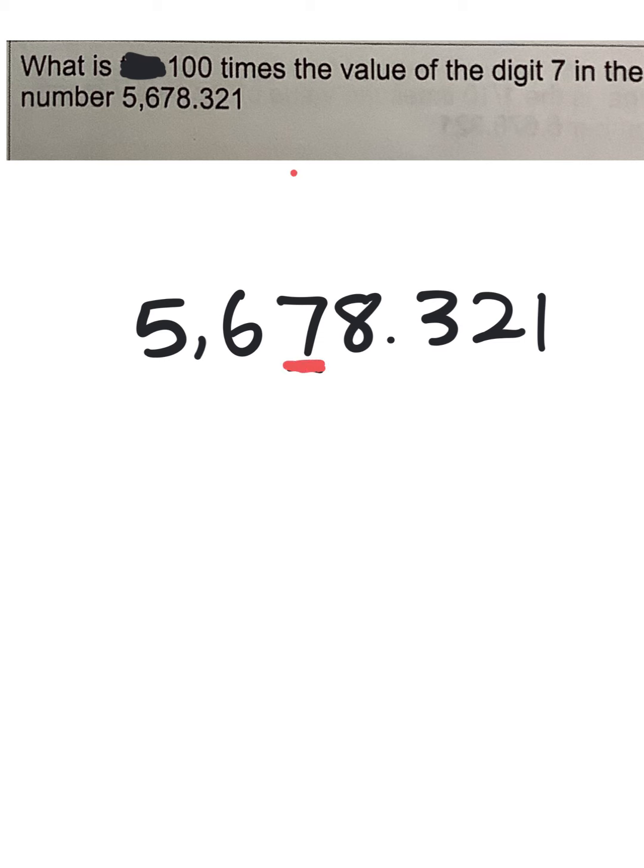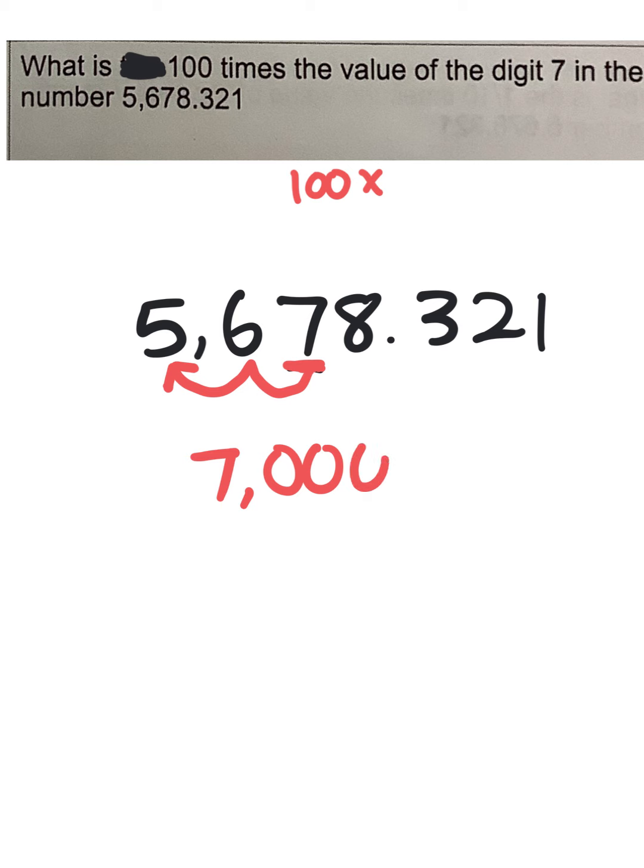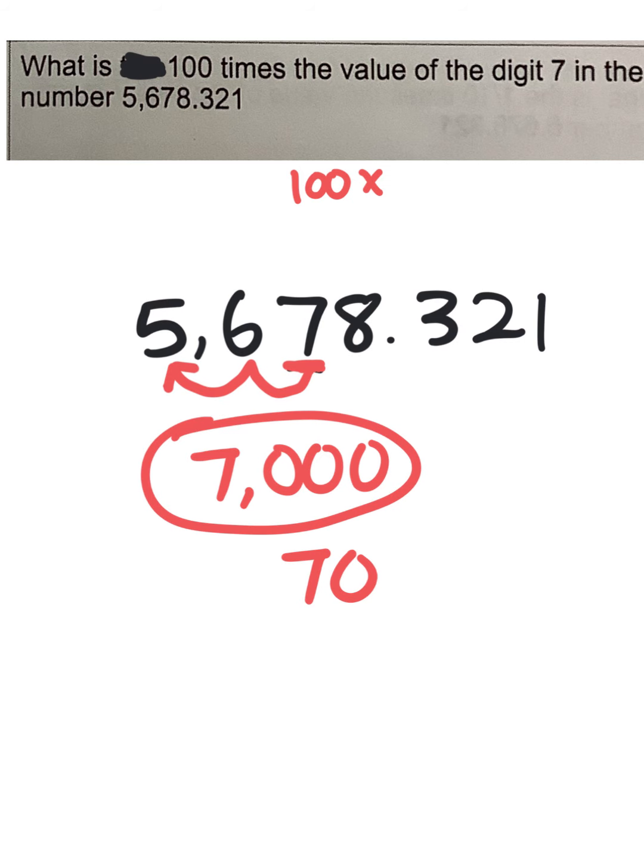If they're asking me 100 times the value, that means that my place value is increasing, is getting bigger. So I'm going to go 1 place, 2 places here to see that the thousands place would be 100 times bigger than 70. Final answer, 7,000.